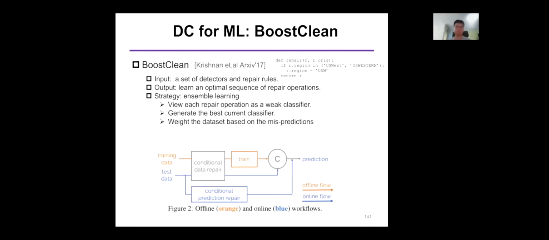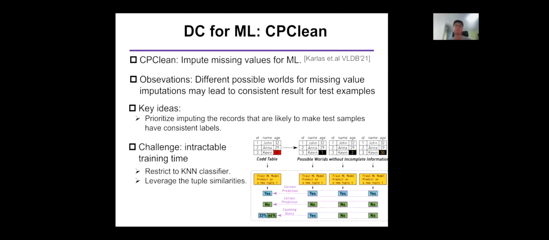So they use the boosting idea, which views each repair operation as a weak classifier and combines many of them collectively to make predictions. Specifically, in each training iteration, it first generates the best classifier on the current dataset and weighs the dataset considering the missed predictions by current classifiers, and repeats the above step until the budget is used up.